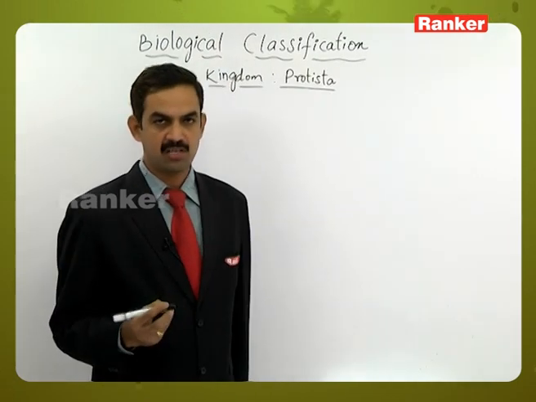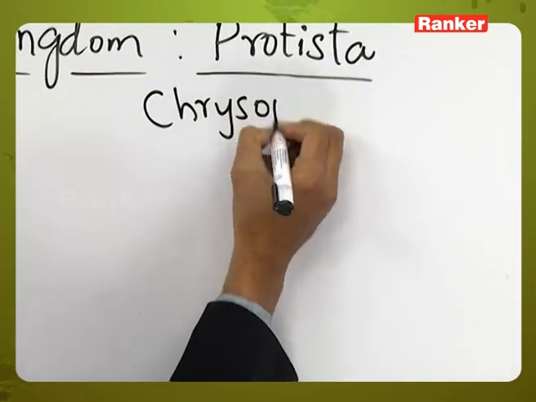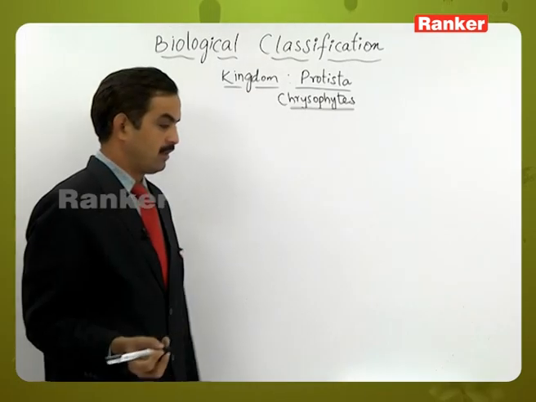In the kingdom Protista, the next group are the Chrysophytes.